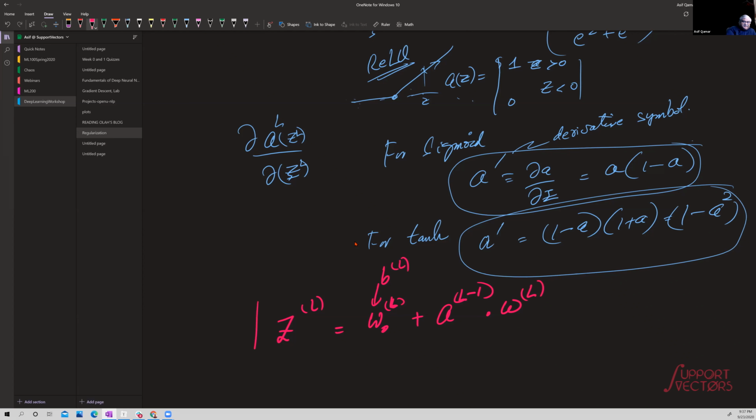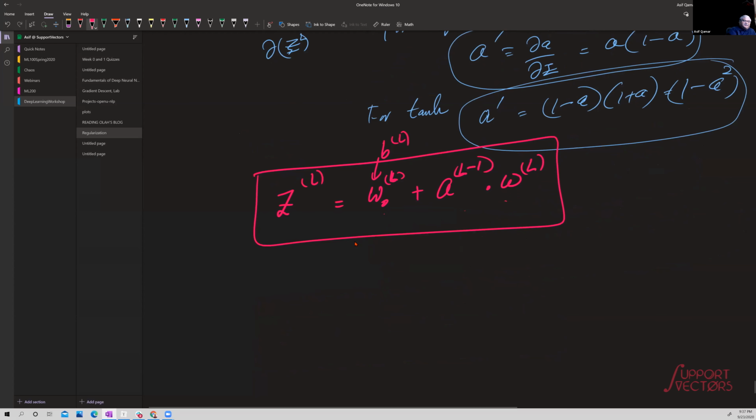Do you remember this expression, guys? This is a simple multiplication that we did, just the linear product plus a translation. That's how we define Z. This is practically the definition of Z.